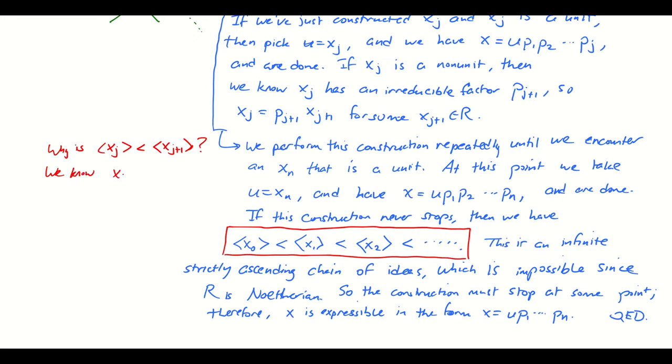We know that xj is equal to pj plus 1 times xj plus 1. Okay, so at least we know xj belongs to this next ideal, and thus the ideal generated by xj is a subset. Okay, but why is it a proper subideal?